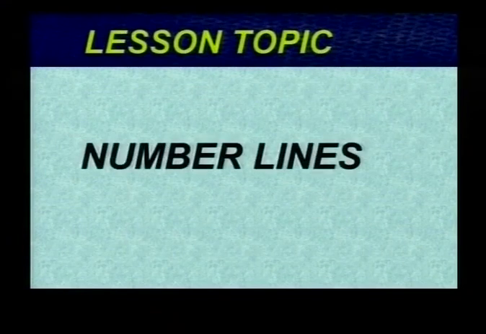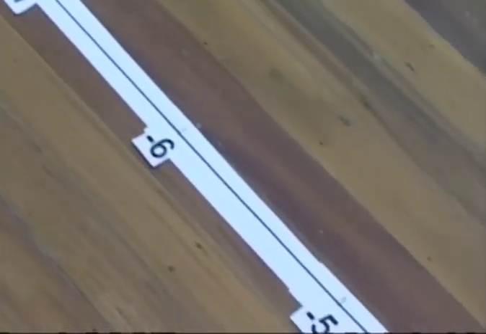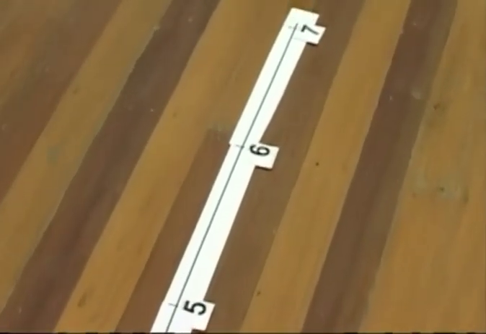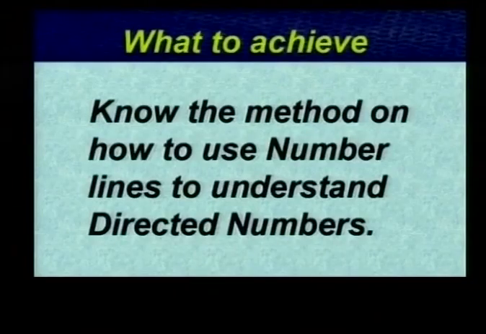Our lesson topic for today is number line. As you can see on the floor, we have a diagram of a number line. What do we want to achieve in our lesson for today?